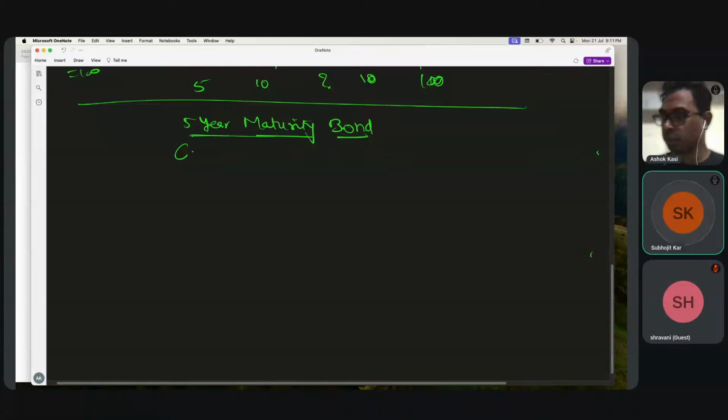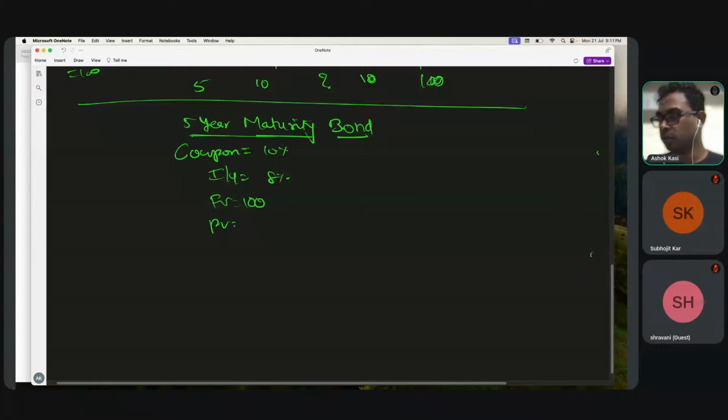Coupon is 10%, interest per year is 8%, and future value or face value is 100. What is the present value? Now again, let's use the long-cut method a couple of times, then we will go for the shortcut. Let's use both, in fact.